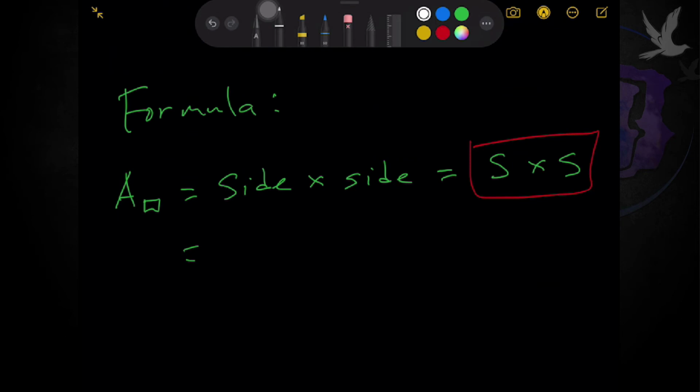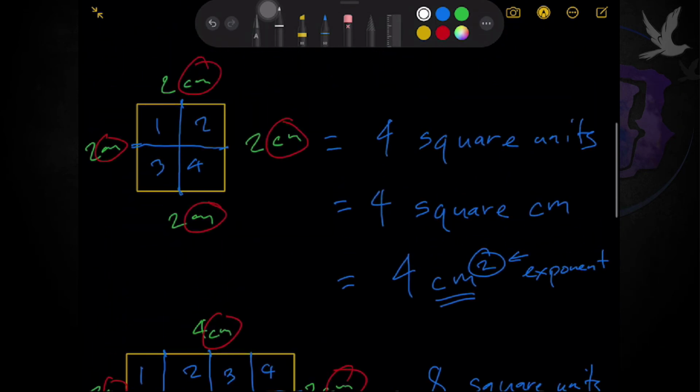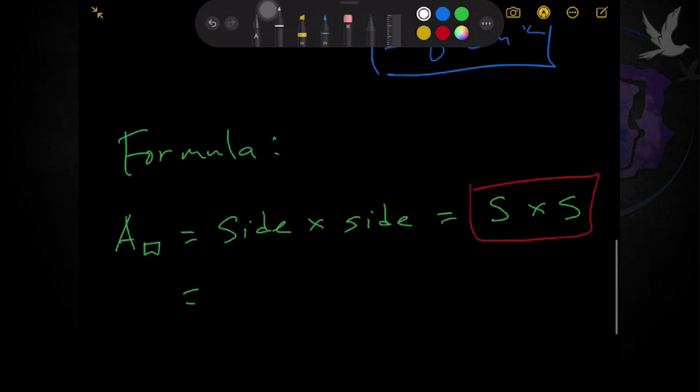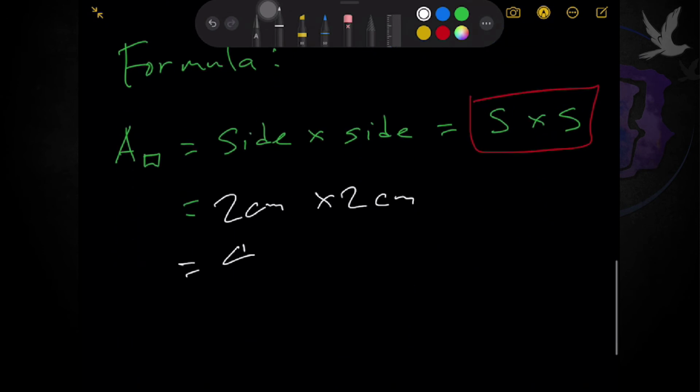Now, let's try to solve this. Referring to our example, para tignan natin if we will be able to get the same answer as 4 centimeters squared. Tignan natin. Our side here is 2. So, our side is 2 centimeters multiplied to 2 centimeters. Kasi nga, side times side. So, 2 centimeters times 2 centimeters, which will give us 4 centimeter squared.